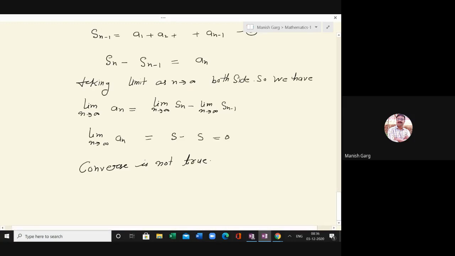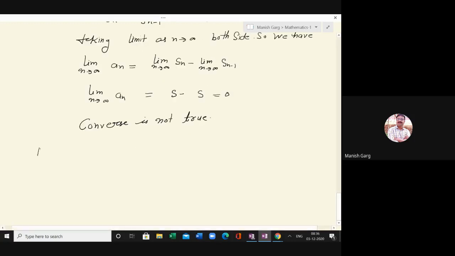So I am taking an example of this type. Example 1, a simple example. Suppose you have the series sum from n equals 1 to infinity of sin n.